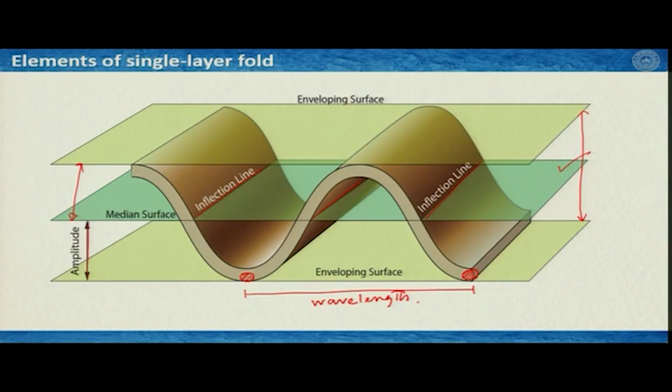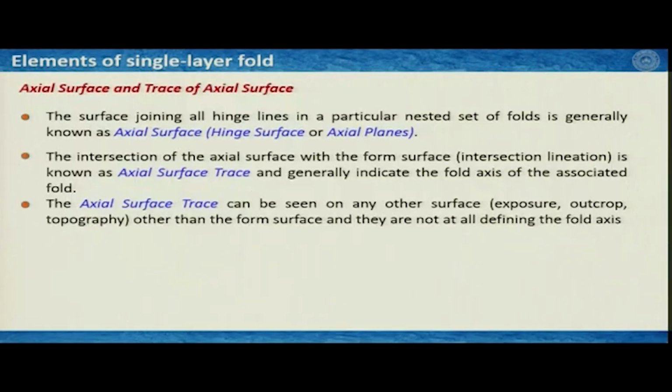Now, these planes are imaginary planes, but there is another plane that is considered an imaginary plane, along which we form a very typical structure, and this is known as axial surface, and we will also learn at the same time the trace of the axial surface.